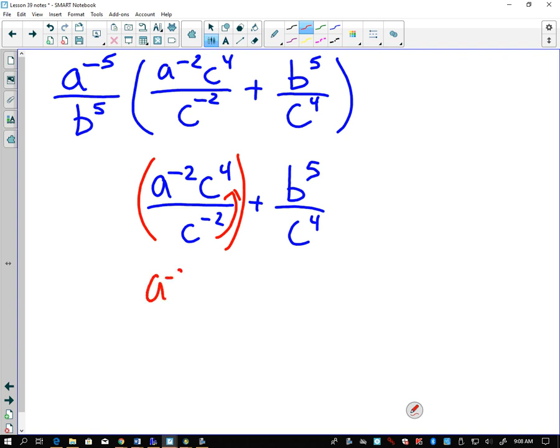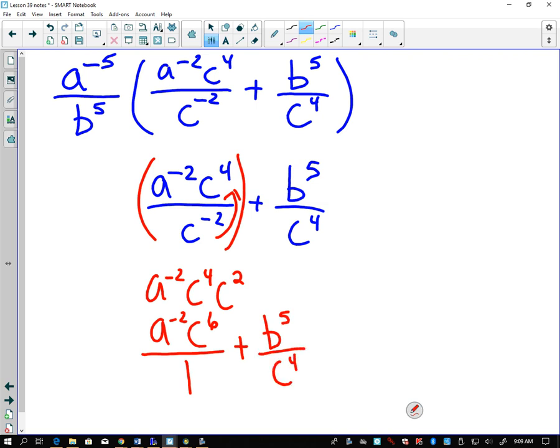That would be a to the negative second, c to the fourth, c to the what? Second. Okay, could I go ahead and simplify that? That's a to the negative second, c to the sixth. And all of that is now over what? Because I moved the c to the negative second up. What's sitting below that? 1. All right, so now I have a to the negative second, c to the sixth, plus b to the fifth over c to the fourth.